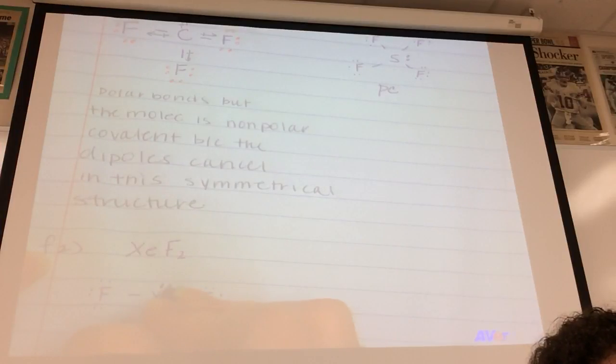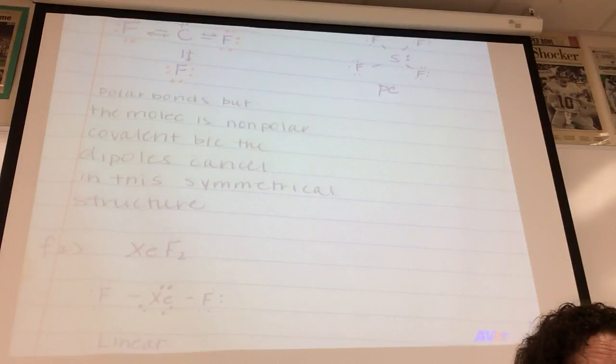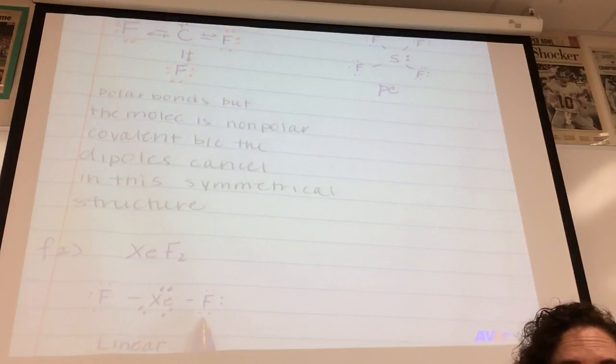And then on the xenon, there are 3 lone pairs. So this is a linear molecule. And here, you do have a nonpolar covalent molecule for the same reasons we mentioned here. The molecule is symmetric and the dipoles cancel.